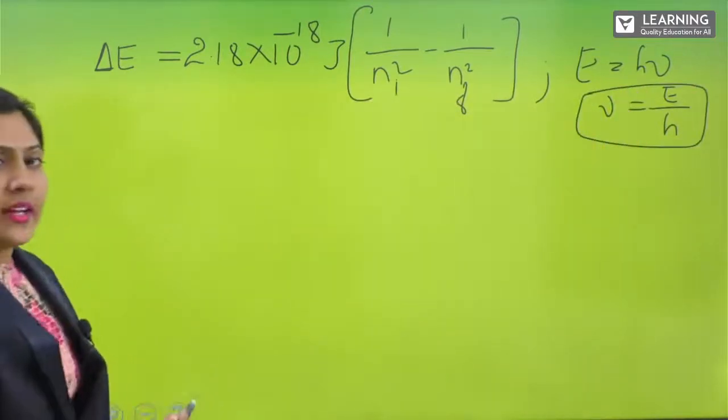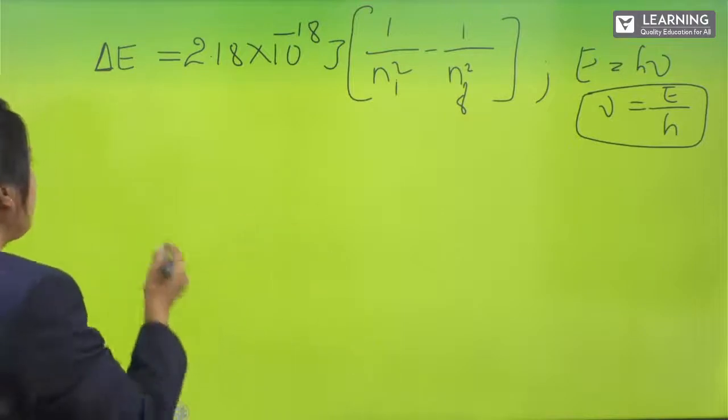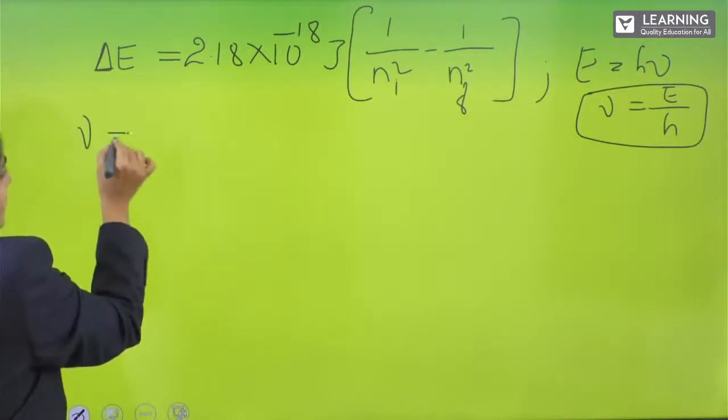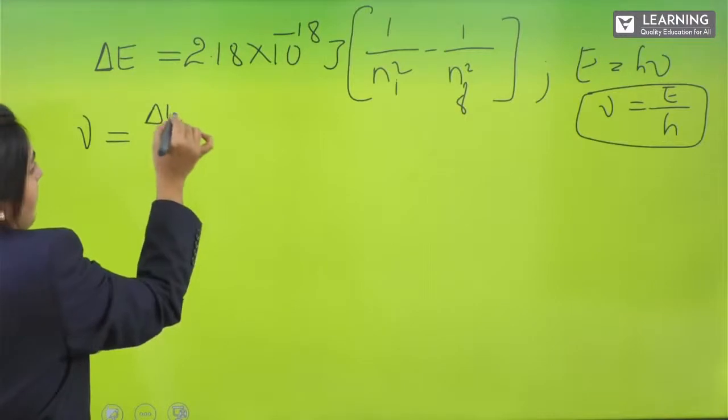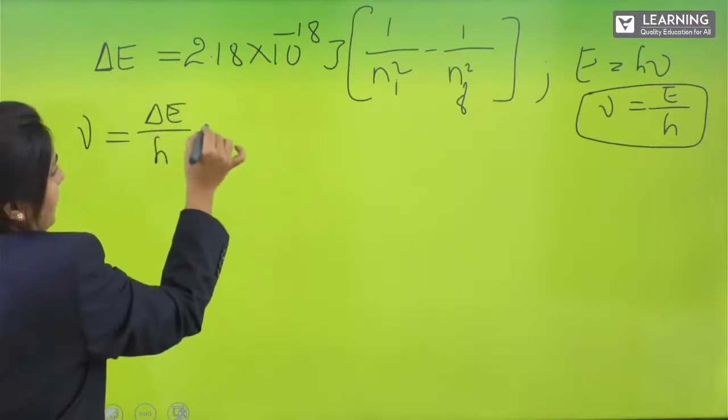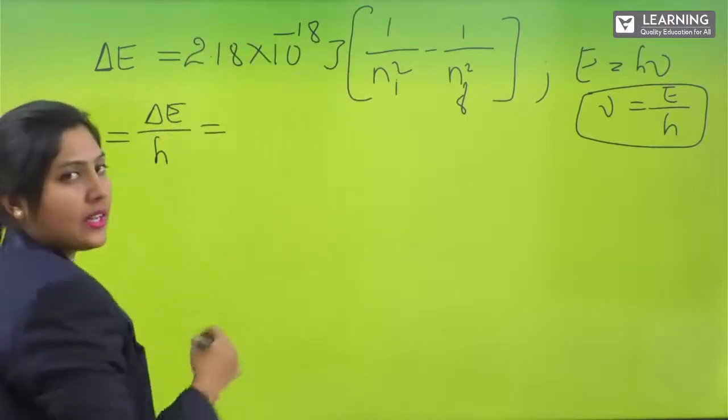So I want to find out the frequency of the radiated energy. So mu is equal to delta E by h, and I can take this divided by h.